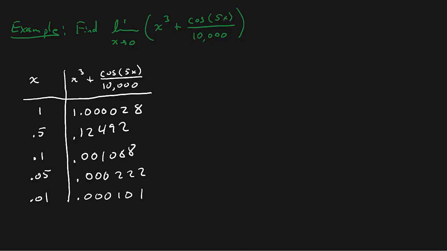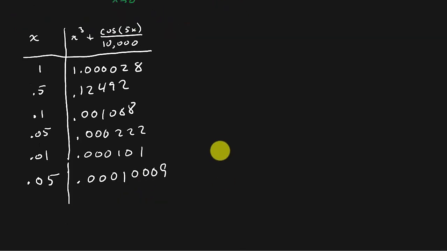Well, if you carry this on out, let's say we do 0.05, then we're going to get 0.000100009. And then if we plug in 0.01 for x, we're going to get 0.0001. So that makes us look at this a little bit differently.